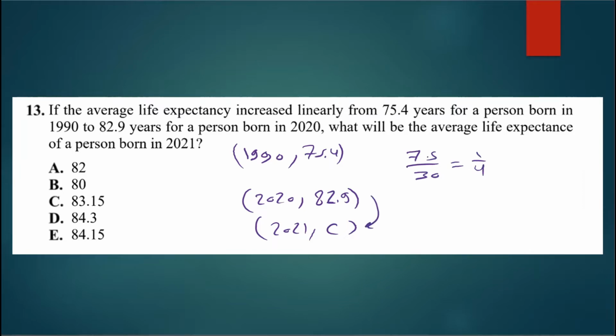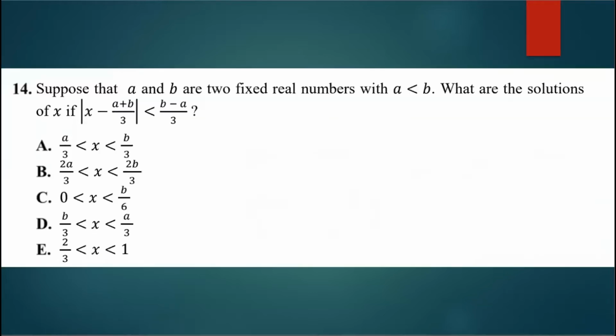Or you can find the slope again, with 82.9 over 21 minus 20, which is 1. Both give the same answer. So adding a quarter year to 82.9, it will be 83.15. So it's C.